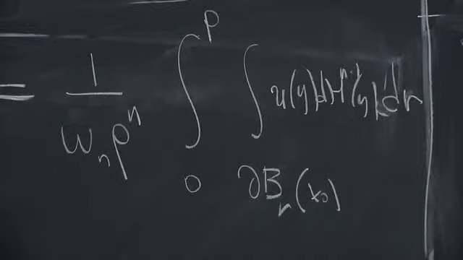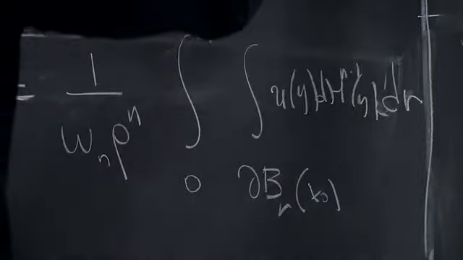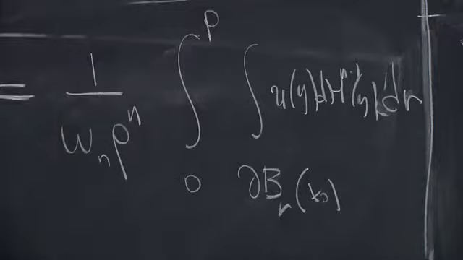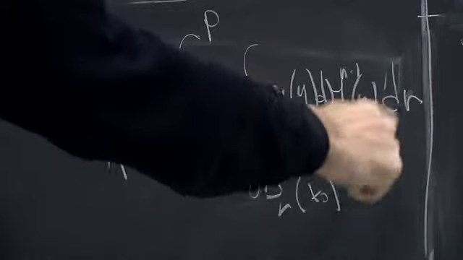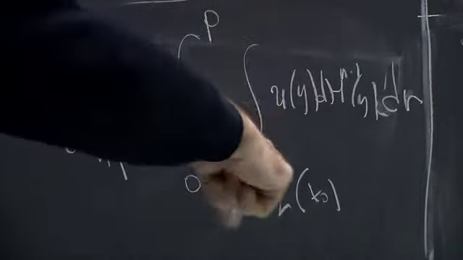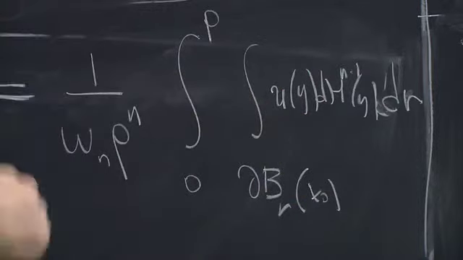Okay. Now, our assumption is this. Therefore, this actually is a mean value on a surface of radius r.